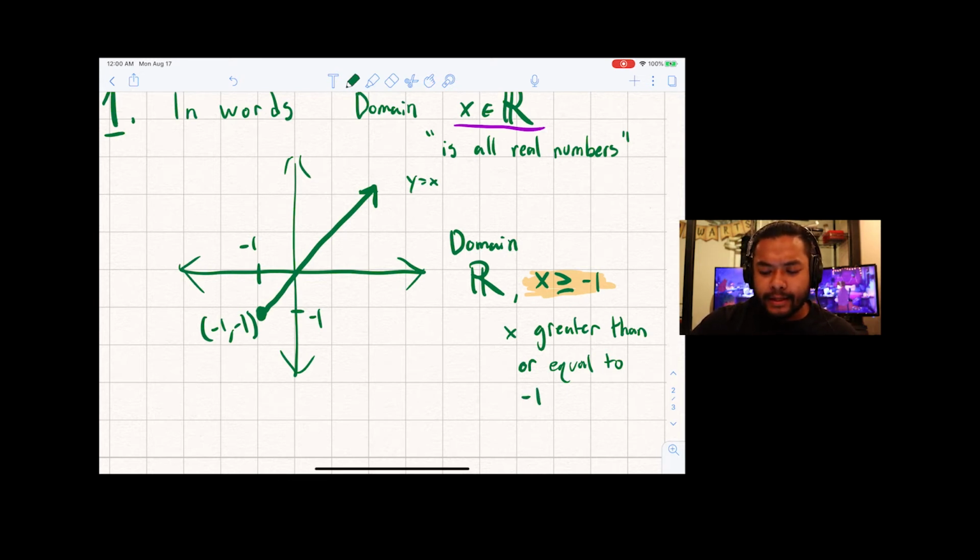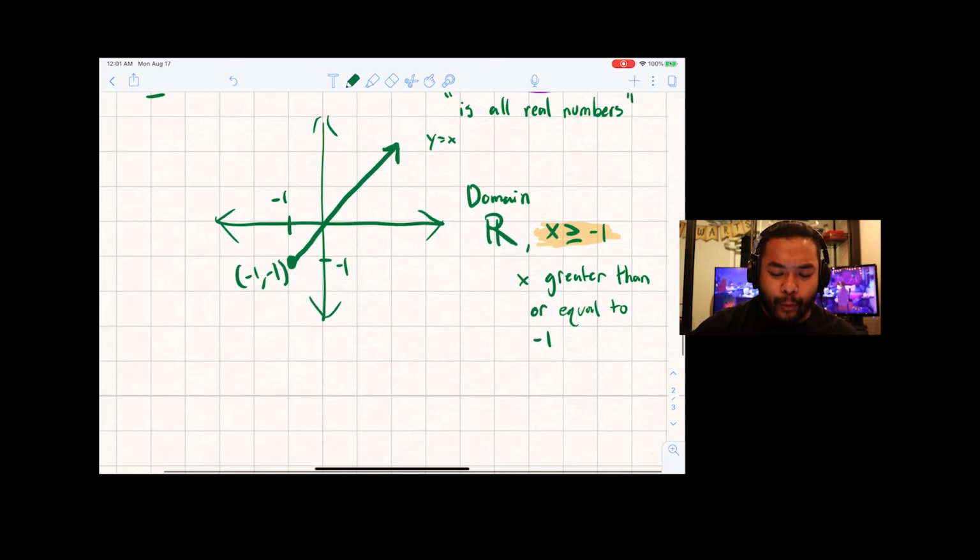I'd say adding this inequality on would be the most precise. So in words, the domain is all real numbers where x is greater than or equal to -1.